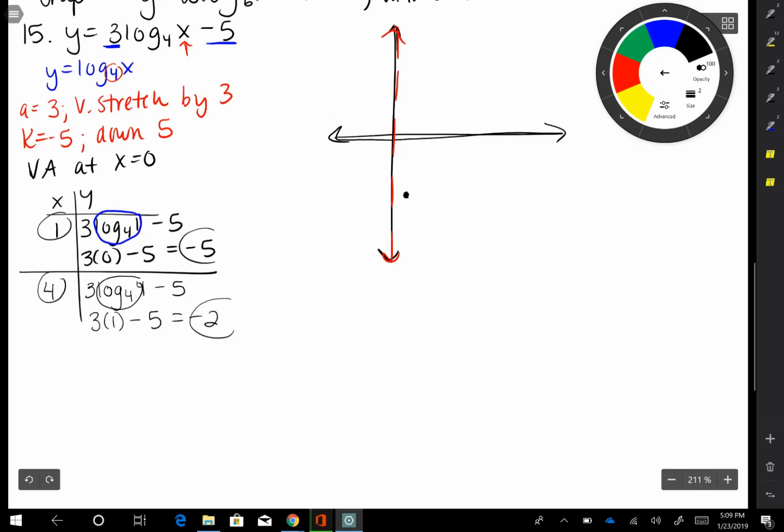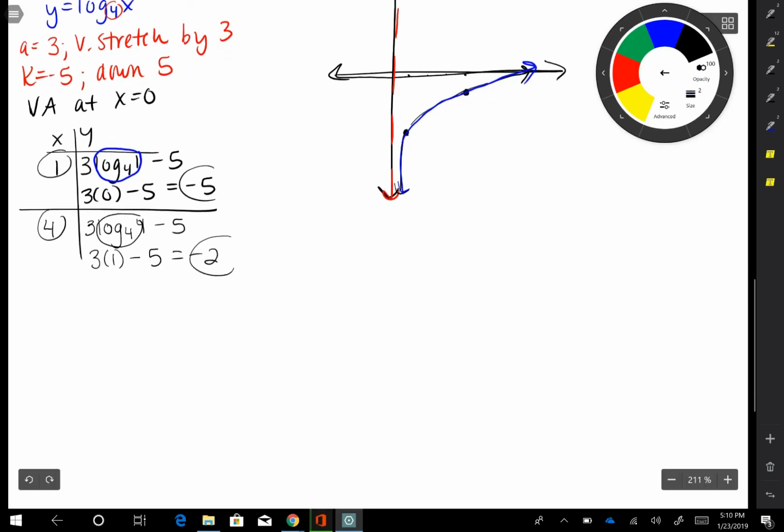So 4, negative 2. And your graph is growth like that. Here, I'll do it in blue so you can see it. And I will talk about domain, range, and end behavior more in class. I'm just more concerned about us being able to graph.